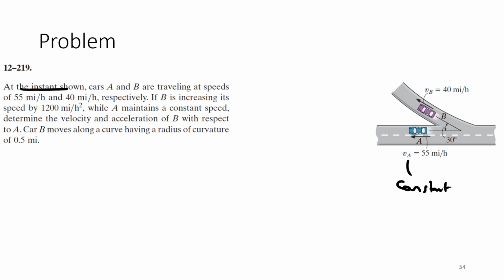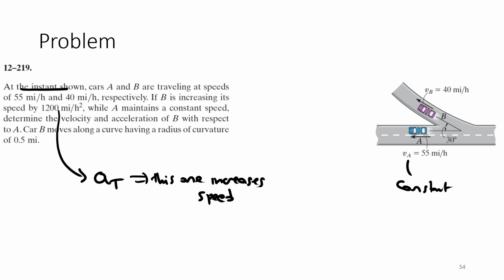And then my question to you is, is it a tangential acceleration or is it a normal acceleration? You can pause and think about it. This acceleration is the tangential acceleration because, as I said in our previous recordings, this one increases speed.